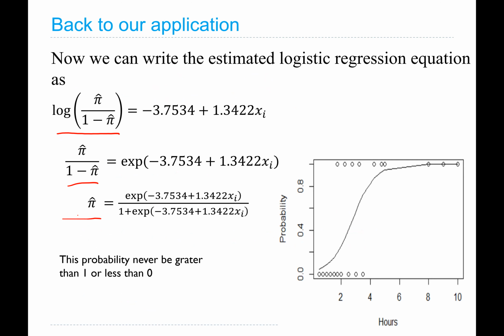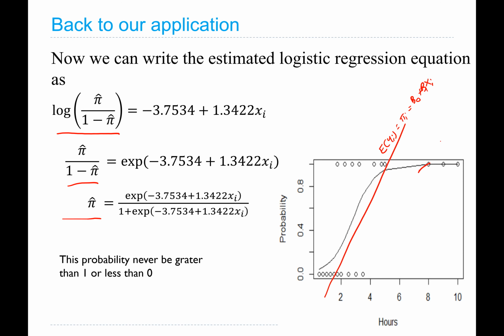If I'd like to graph the probability function, this is the graph of the probability function. This one is much, much better compared to the one for simple linear regression, where the expected value of yi, which is pi i, equals beta 0 plus beta 1 xi.